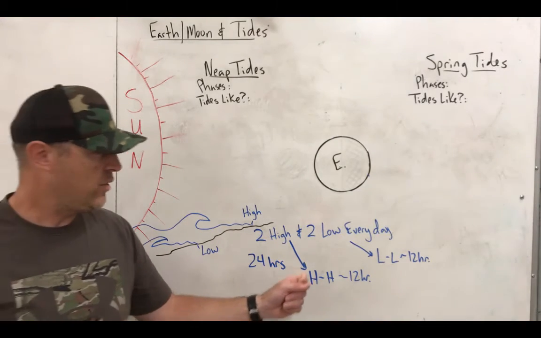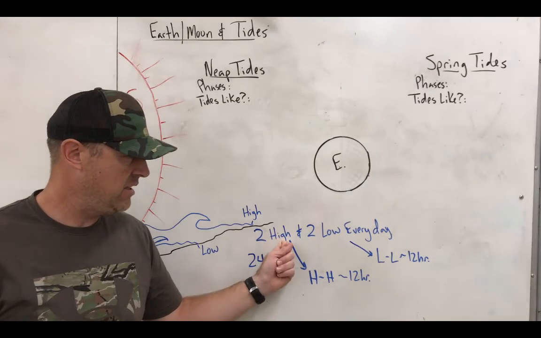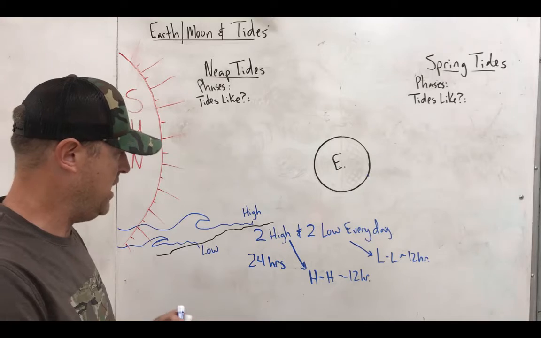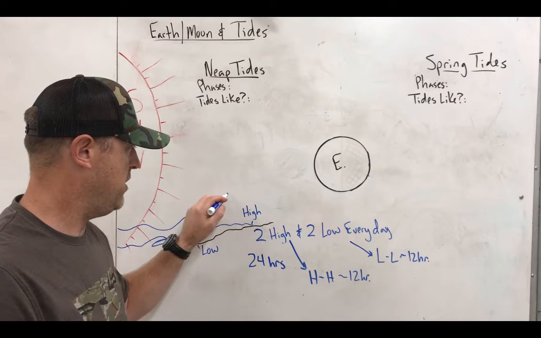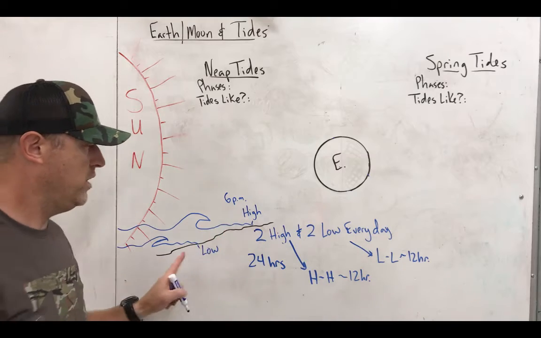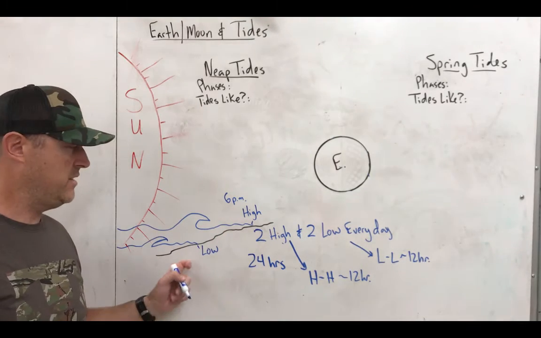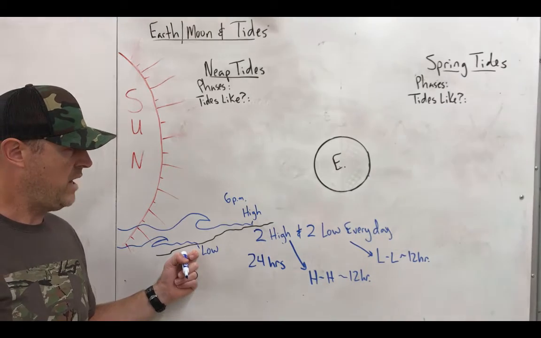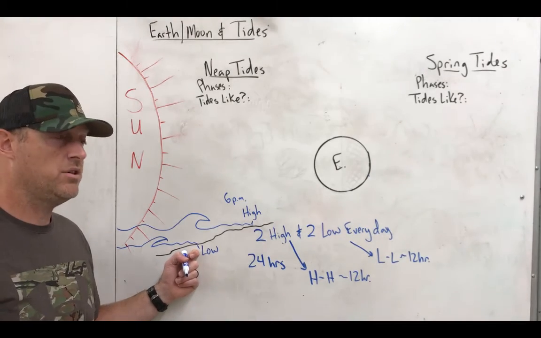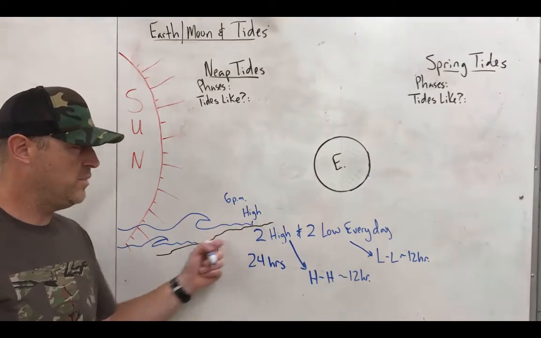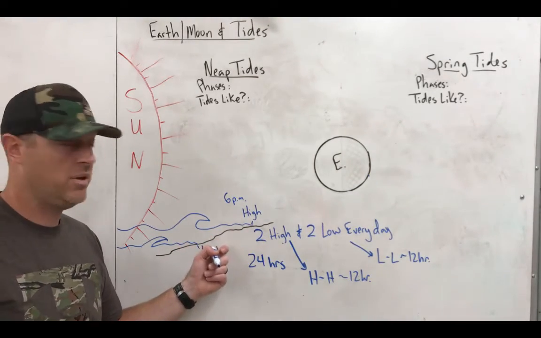So check with me on this. If it's high tide, and let's say it is 6 p.m. on a high tide, when will it be low tide? Because let's say I wanted to go clamming, and I want to have a low tide because that gives me more shoreline to go and dig up clams.